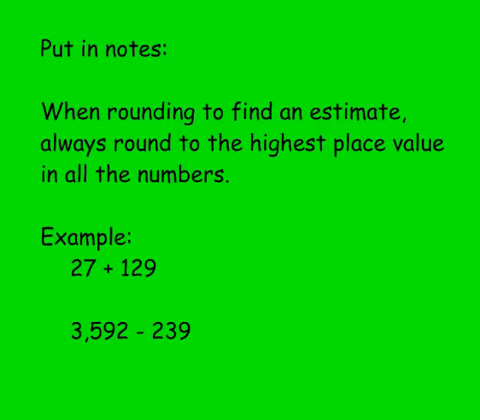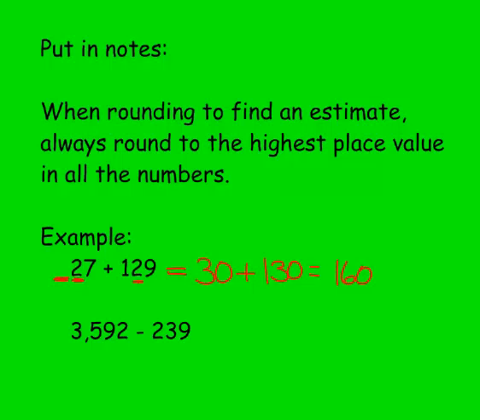Since I do not have a hundreds place in 27, I need to round to the tens place, and that also means I round to the tens place in the next addend. Keep the same place values. So if you're rounding to tens, they both have to be rounded to the tens. If you're rounding to hundreds, they both have to be rounded to the hundreds. This one would be 30 plus 130, which in my head I can do easily, so my estimate is 160.